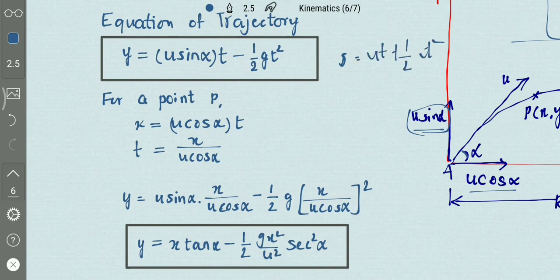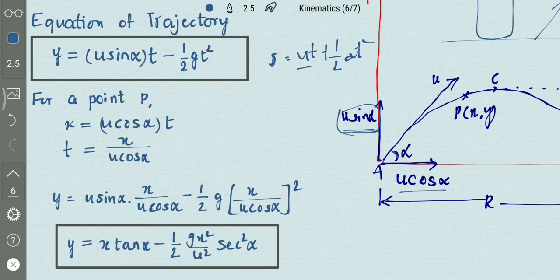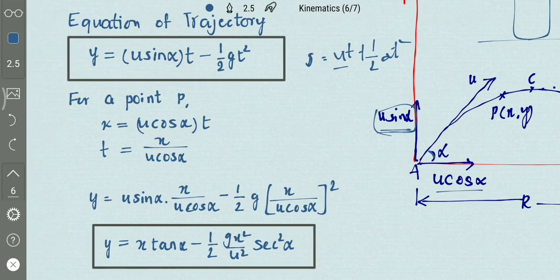In the vertical direction, the initial velocity is u sin alpha and time is t. It travels with decreasing velocity, so the acceleration will be minus g, so it is minus half g t square. This is the equation of trajectory.